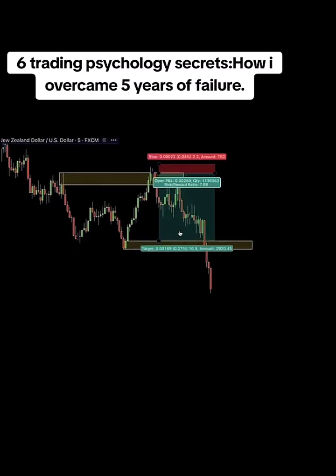This time the market aligns perfectly with your analysis. It moves decisively toward your target, and you secure a reward to risk ratio of 7-1. That one trade brings in $840, enough to recover your earlier $240 losses and leave you with a $600 net profit.